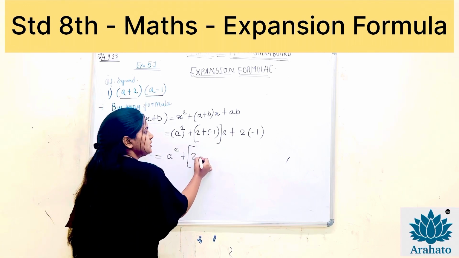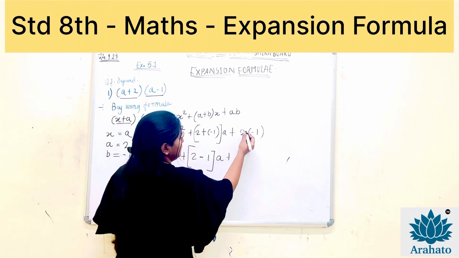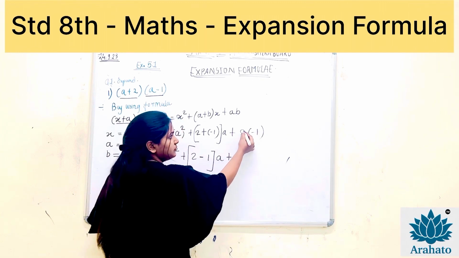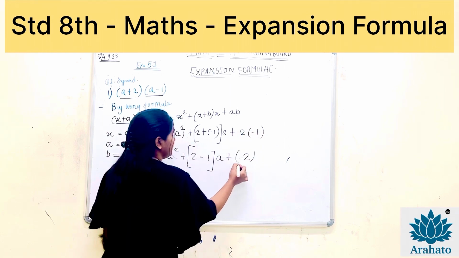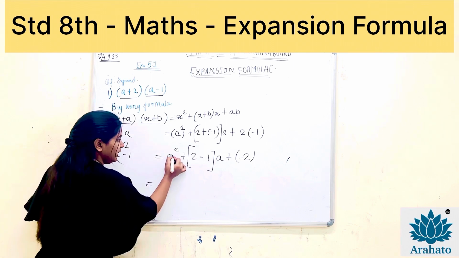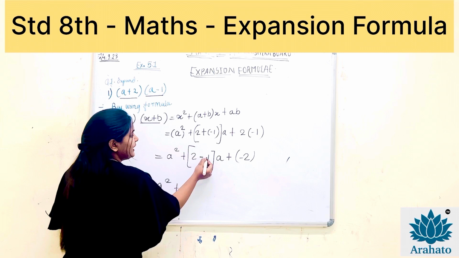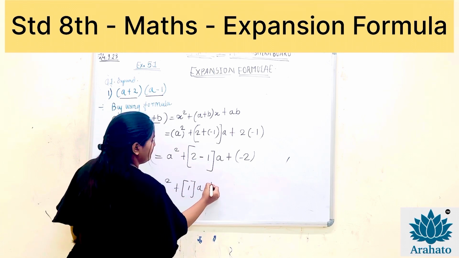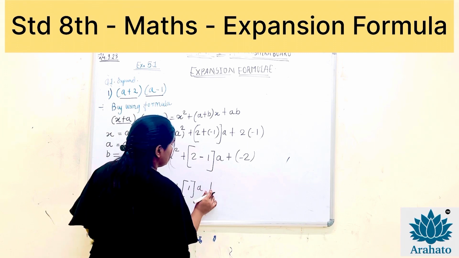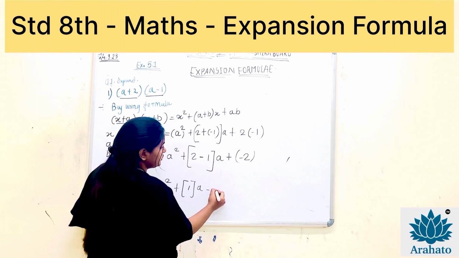Plus into minus is equal to minus. 2 into 1, what will come? 2 ones are 2, but it is minus, so minus 2. a square plus 2 minus 1 is 1 a, plus into minus is minus 2.